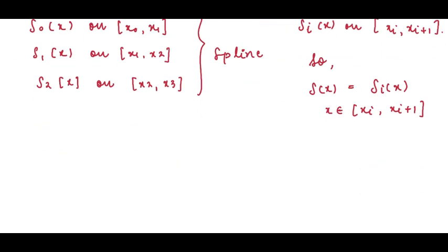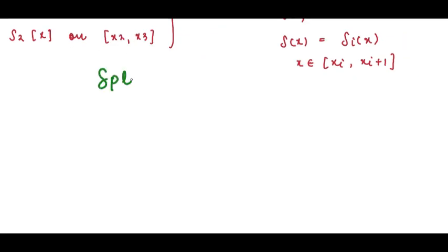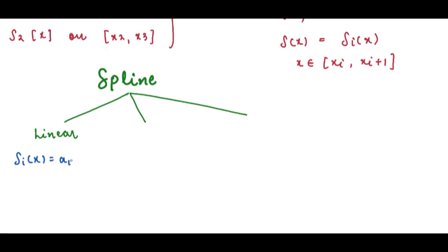There are several types of spline interpolation. The linear spline, where each interval uses a polynomial of degree 1, and hence Si(x) becomes ai plus bi x. The quadratic spline, where each interval uses a quadratic polynomial, Si(x) equals ai plus bi x plus ci x squared.